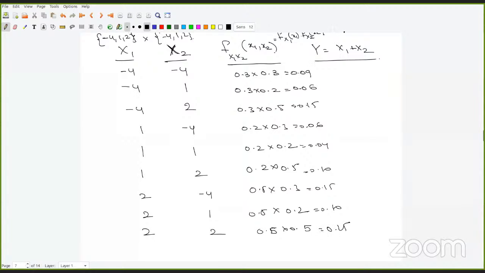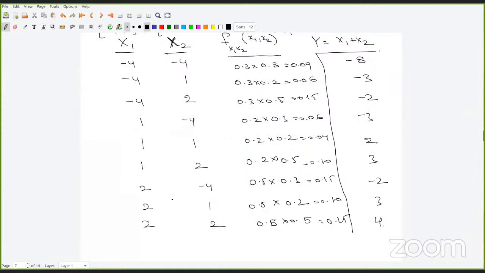Now, what are the values that y takes? If x1 is -4 and x2 is -4, the y value is -8. Then -3, -2, -3, 2, 3, -2, 3, 4. Correct?